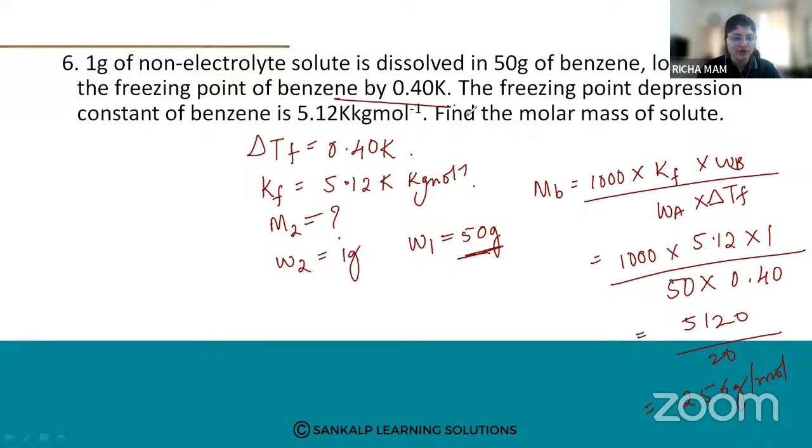As I'm telling you, when you're practicing the problems, practice in such a way that you write stepwise. First make sure that you write the given things, so that it will be easy for you during substitution, because in substitution you may get confused. So first write the given things, then use the formula. For the proper formula, 1 mark, for the substitution, 1 mark, and for the correct answer with the units, 1 mark. So these are the 3 marks questions.